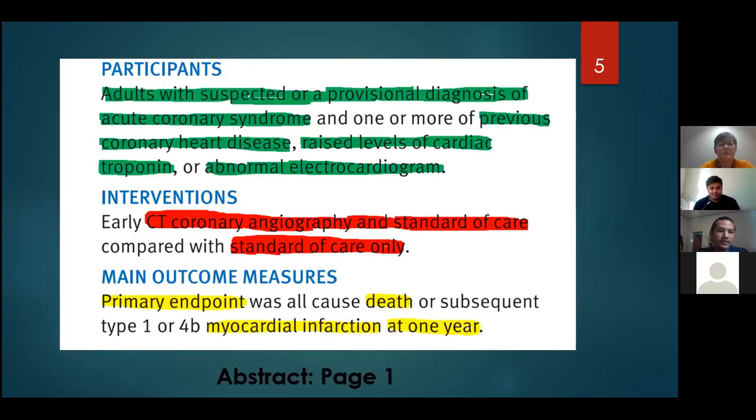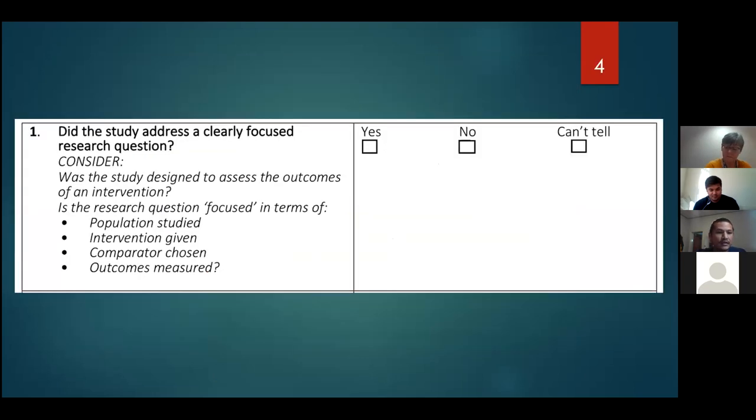For the intervention given, it was very simple. It was early CT coronary angiography plus standard of care, and it was compared with standard of care only. So the patients were divided into two randomized groups, which we'll discuss in further slides.